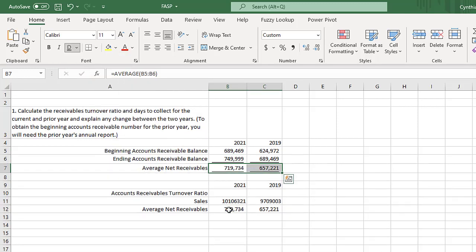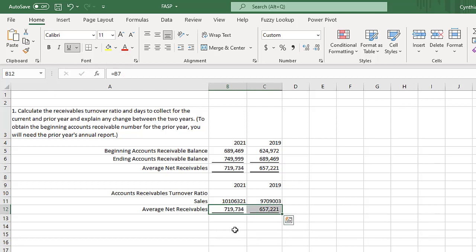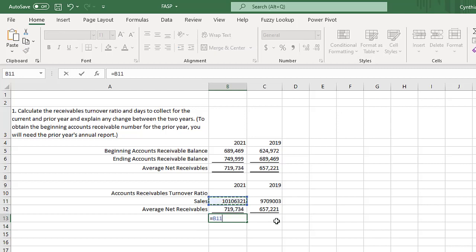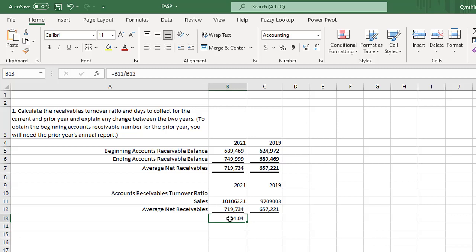And then here, I'm going to draw a line. So I'm going to divide it, right? Equal to sales divided by average net receivables. So my turnover ratio for 2021 was 14.04. I'm just going to copy that over, and 14.77. So it really hasn't changed much at all.